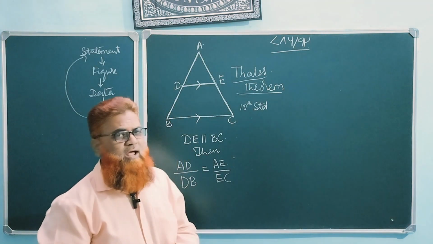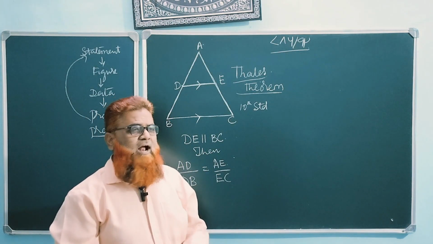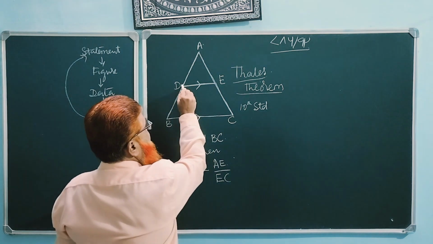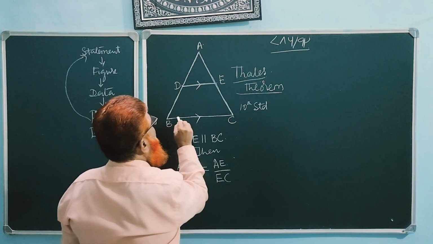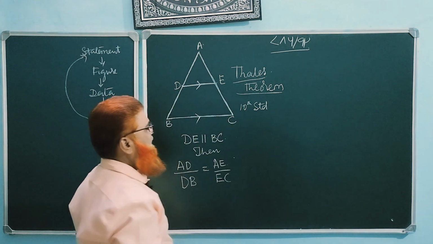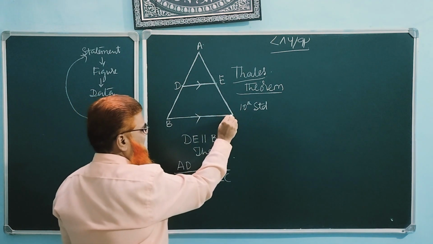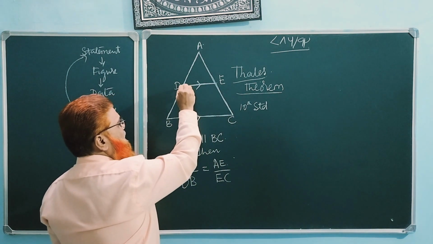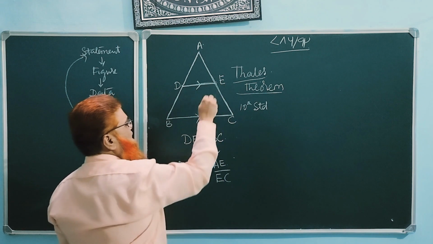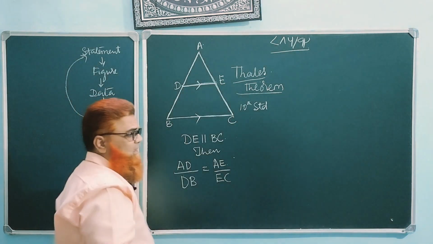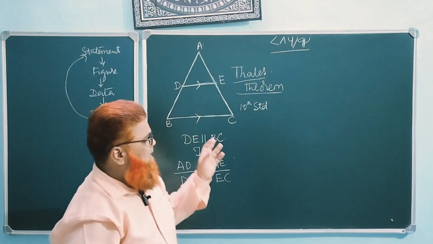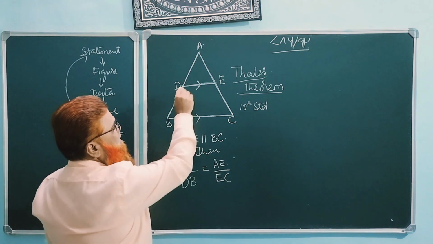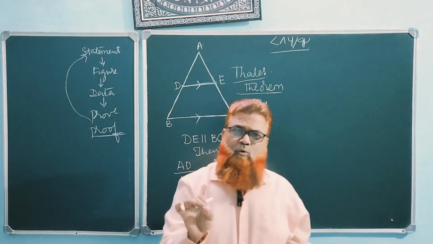How many sides do we have? We have 3 sides. And the Thales theorem says to draw a line parallel to one of the sides of the triangle. So BC is a side of the triangle, and I have drawn a line DE parallel to BC.